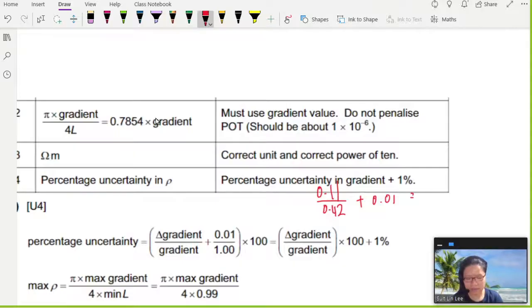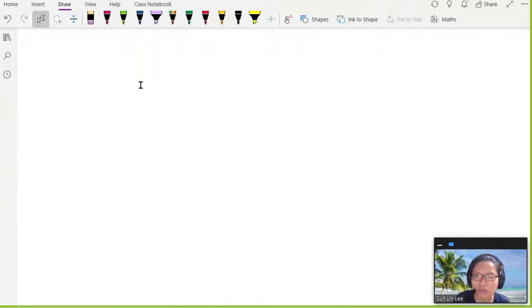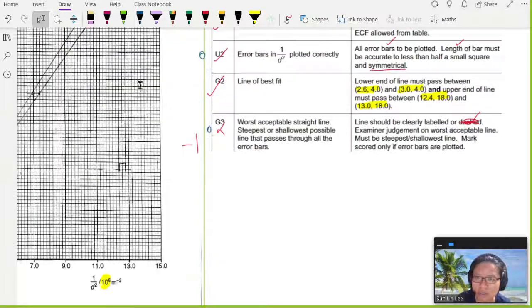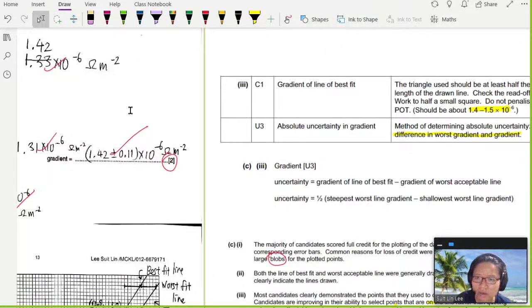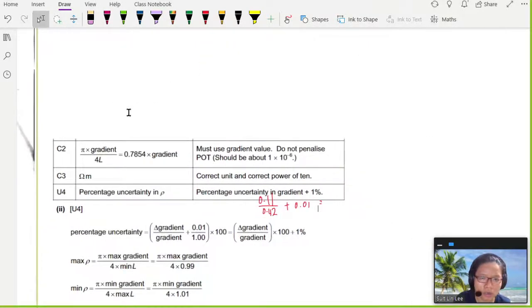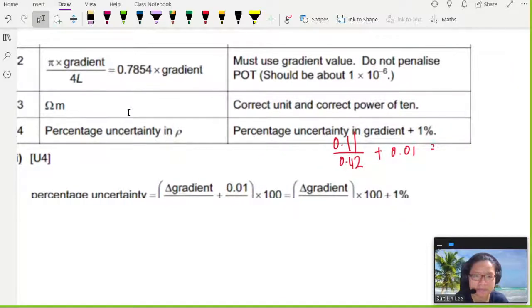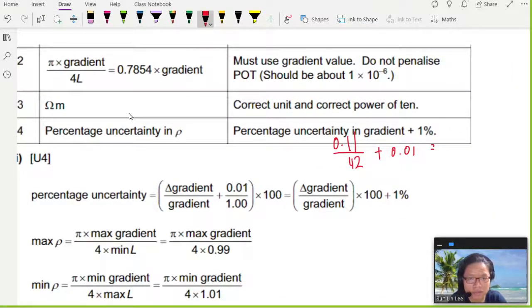So the correct answer that this candidate should get, this is 0.42. Did I transfer wrong? Is it 1.42? Yeah, 0.11 over 1.42. My bad. So the correct answer is 0.11 over 1.42 plus 1%.